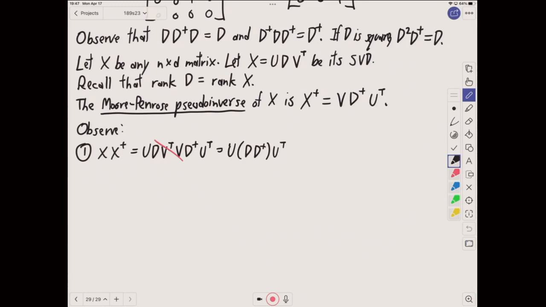Now, I've already shown you that D D plus is always a diagonal square matrix. And so when you put the U's around it like this, you still have a symmetric matrix. And you still have a positive semi-definite matrix.